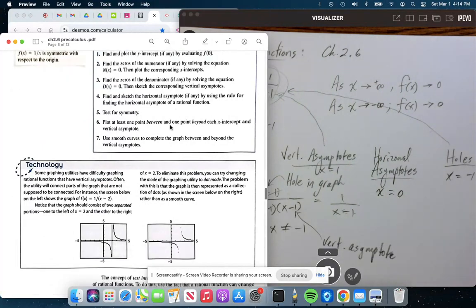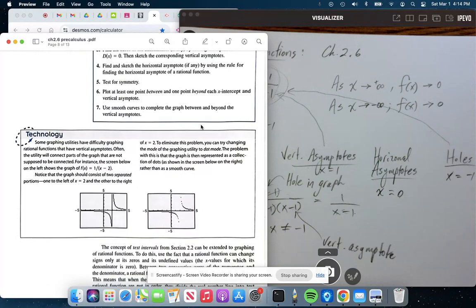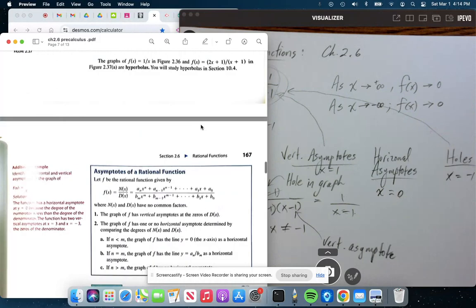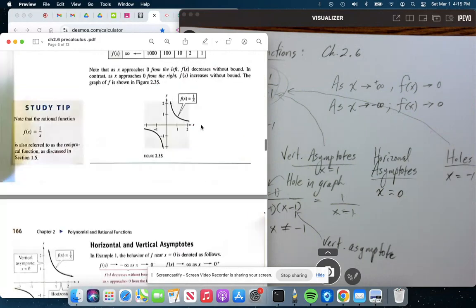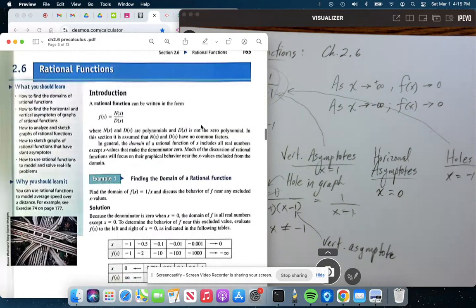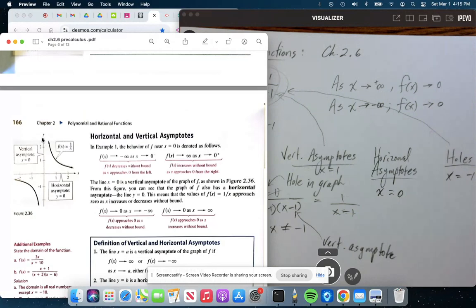Plot at least one point between and one point beyond each x-intercept and vertical asymptote, and use a smooth curve. They will always, just like polynomials, be smooth curves, although they're not continuous like polynomials are, right? So in a polynomial, you could draw the whole thing without lifting your pencil.